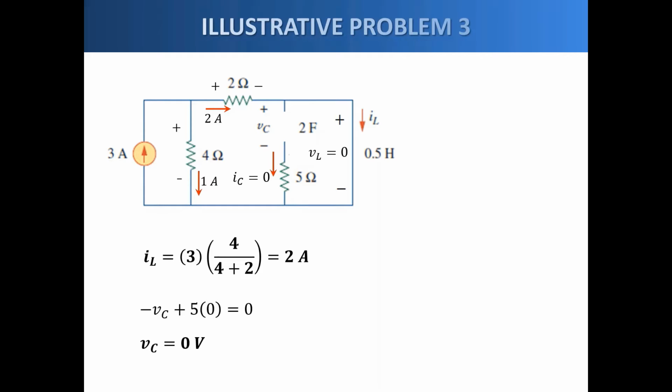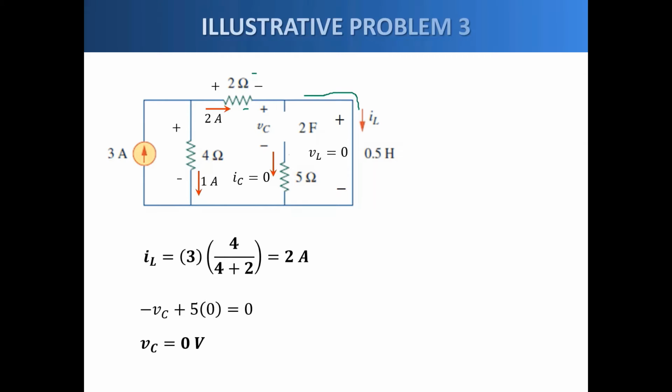Okay, so this is also 2 here because this branch here is in series with the 2 ohms. Therefore, the current through the 2 ohms is also 2 amperes. 3 minus 2, that will give us 1 ampere through the 4 ohms.